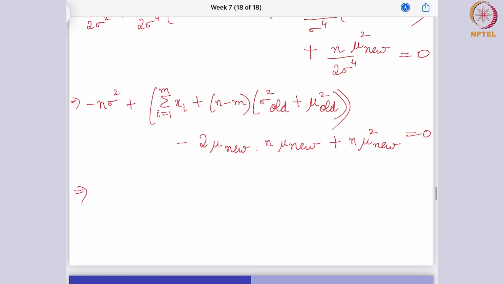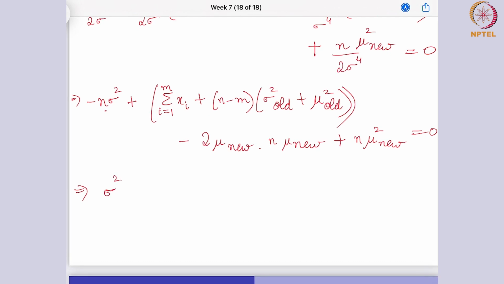And now when we solve this finally, n sigma square would go to the right hand side, and sigma square finally would be summation xi square, i from 1 to m, plus n minus m times sigma square old plus mu square old.